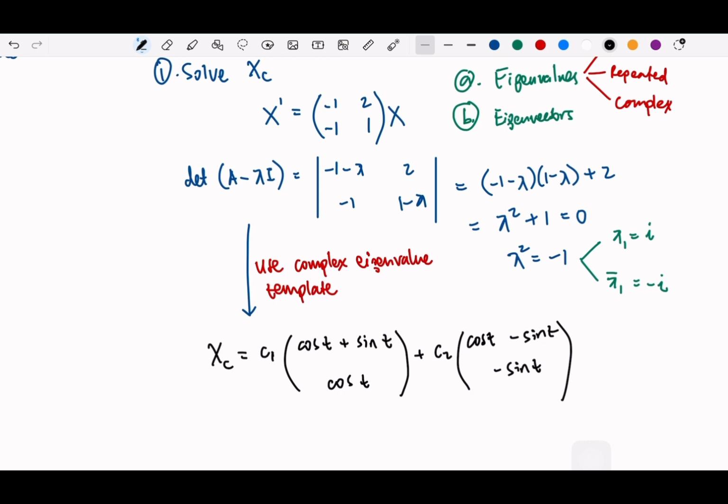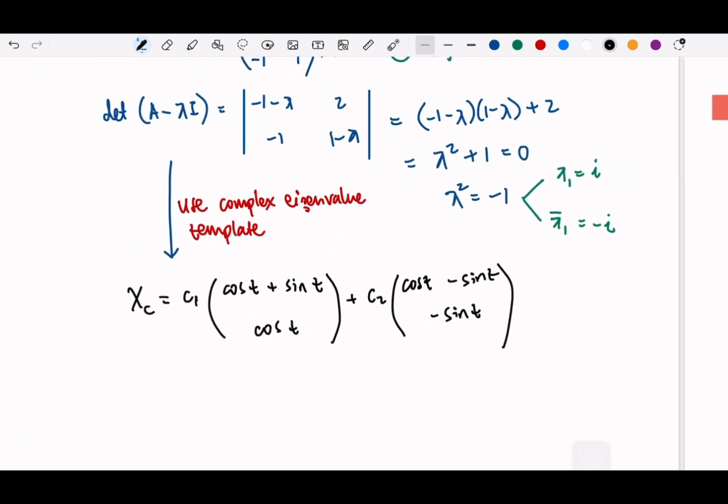Of course, we need to find the eigenvectors first. I'm skipping that part. If you don't remember, this is how we can get it.